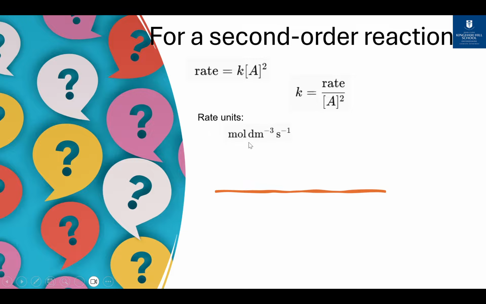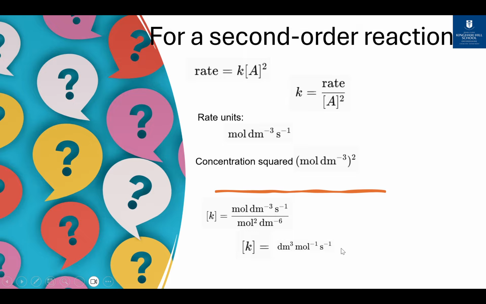We know the rate unit we have got is mol per decimeter cubed per second. We plug in here, and if we want the square of the concentration, we get mol squared and dm to the minus 6. Once we substitute the values, you can see how we can cancel mol to mol, and dm to the minus 3 to 6, and we get the answer eventually in the end: dm cubed mol inverse second inverse. So that's the way we can get the units of k here.